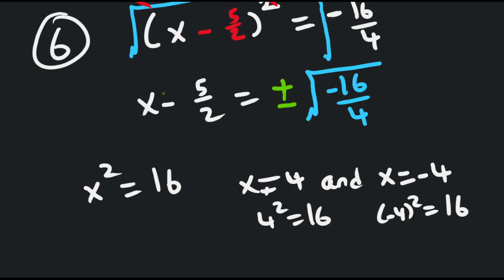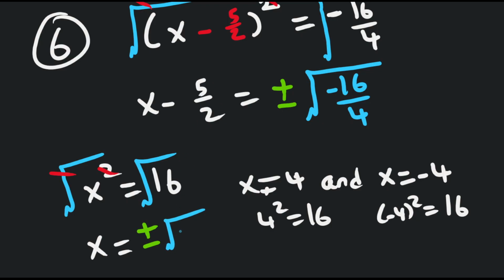So when you solve this mini equation right here, and you try to take the square root of both sides to isolate the x, that square root will cancel out the squared. We are left with x equals, you have to put that plus minus symbol there, and then the radical 16. And now what is radical 16? That is 4. So x equals plus minus 4.